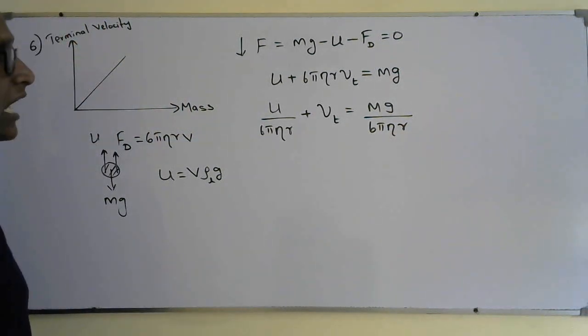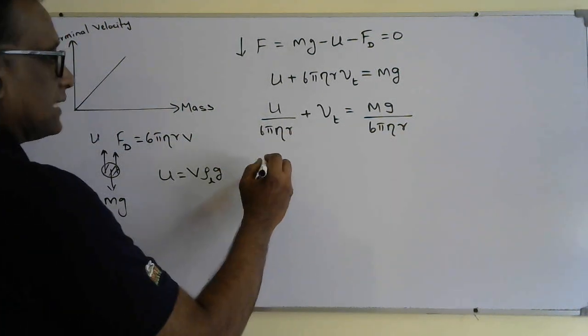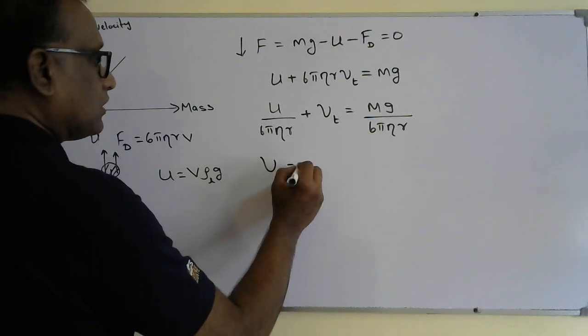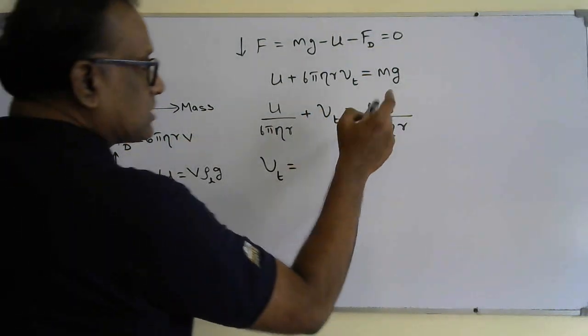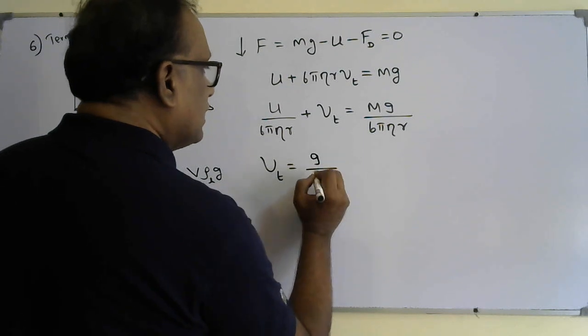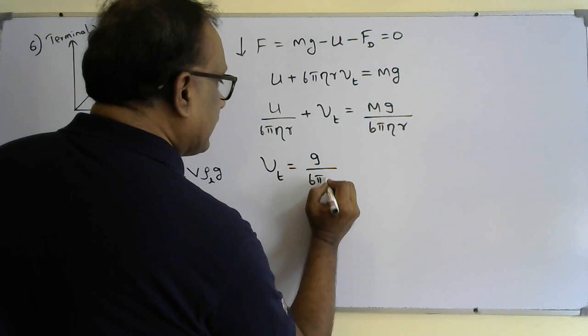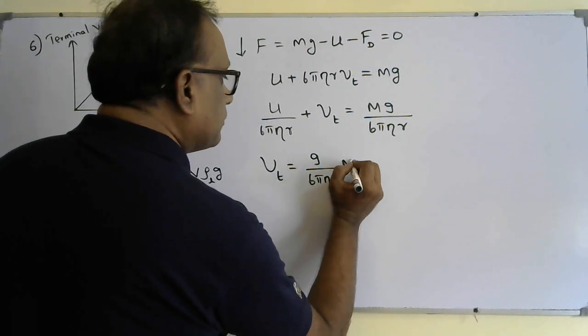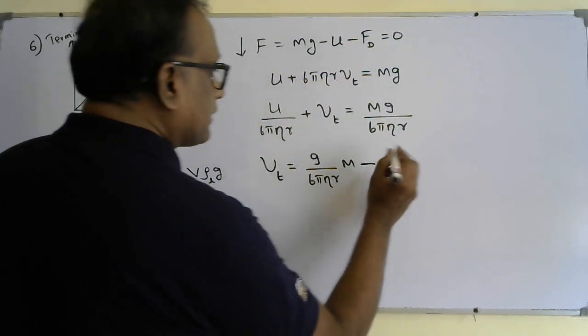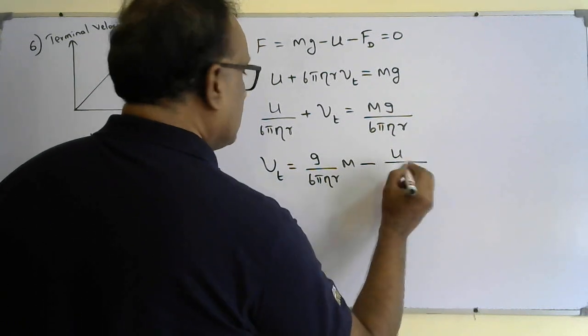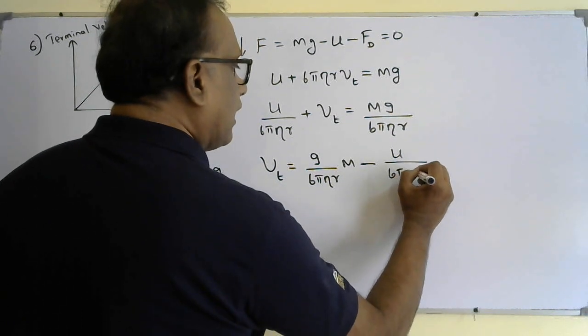So Vt equals, with the mass on the x-axis, g over 6 pi eta r times m, minus, bringing it to the right, U over 6 pi eta r.